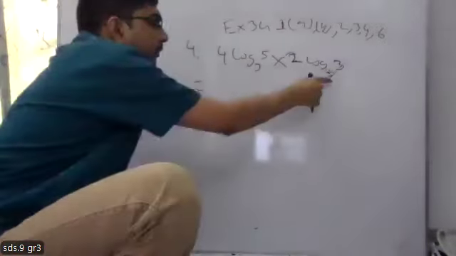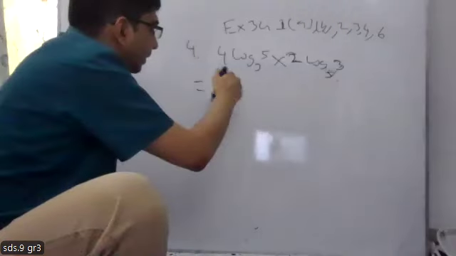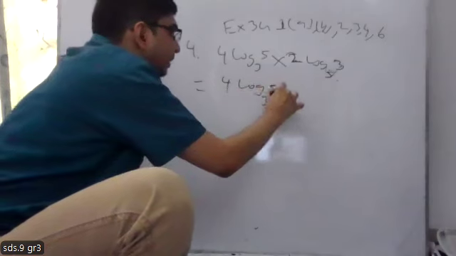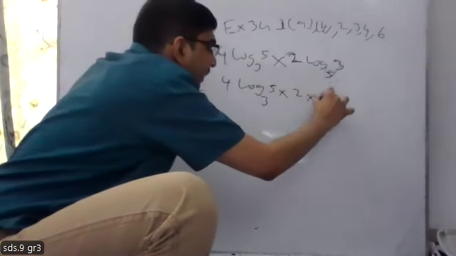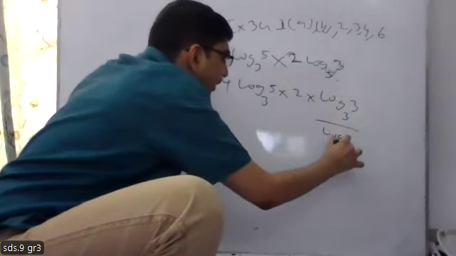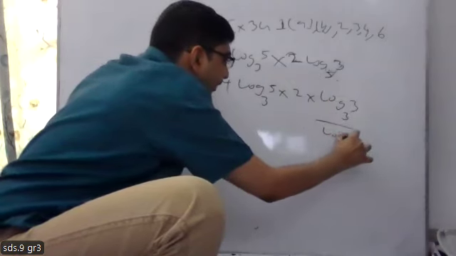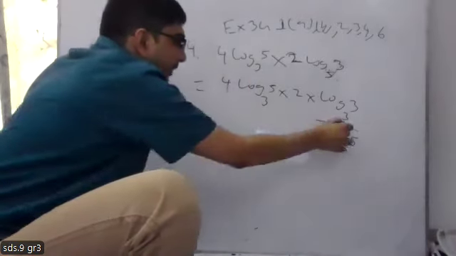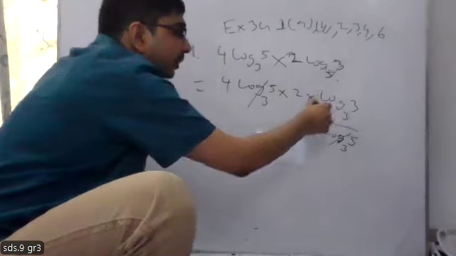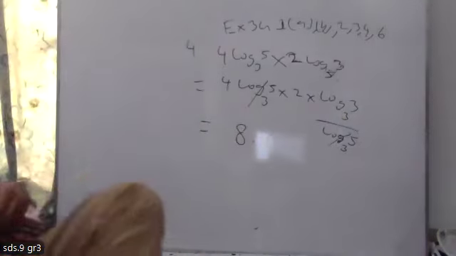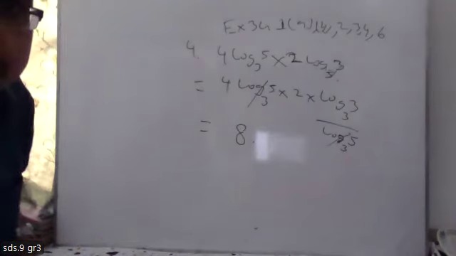Let me convert base 5 to base 3. I can do it the other way also. There should be one base. So if I convert this to base 3, log 3 base 3 over log 5 base 3. This is an excellent sum for doing without a calculator. Log 5 base 3, log 5 base 3 cancel. Log 3 base 3 is what? 1. So 4 into 2, the answer is 8.